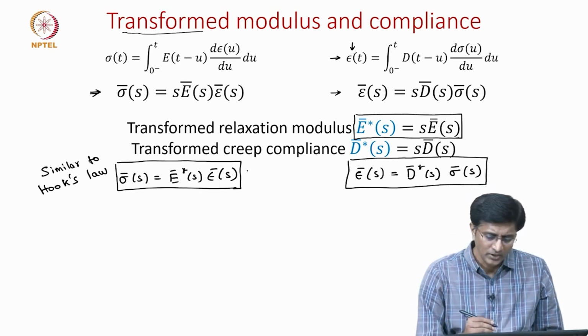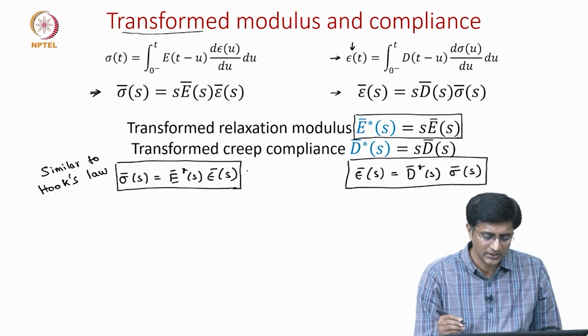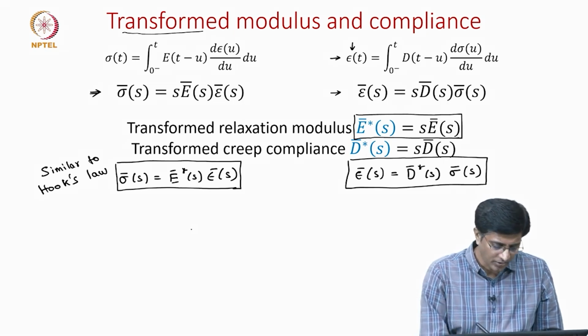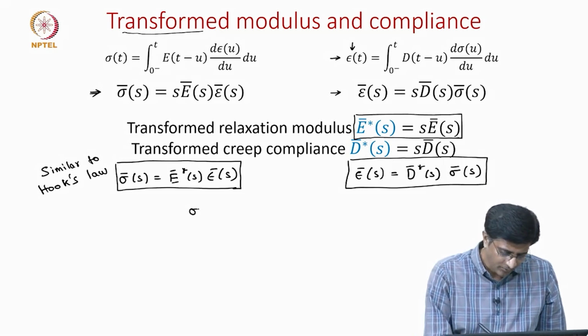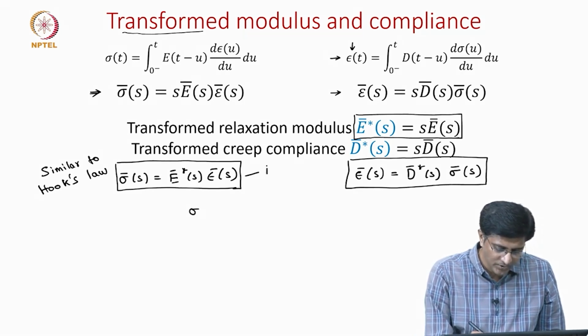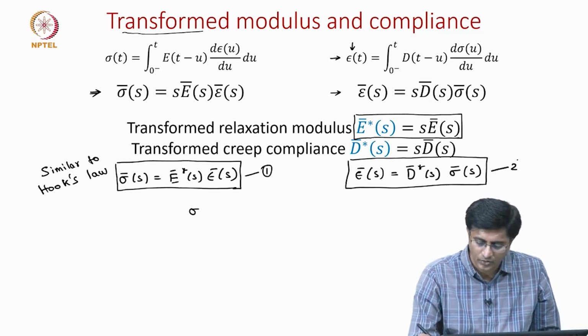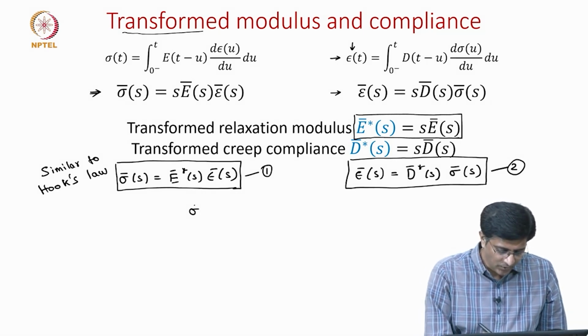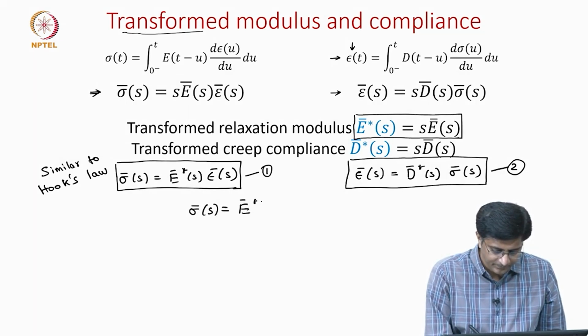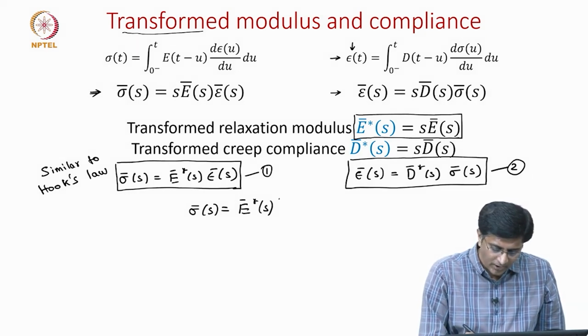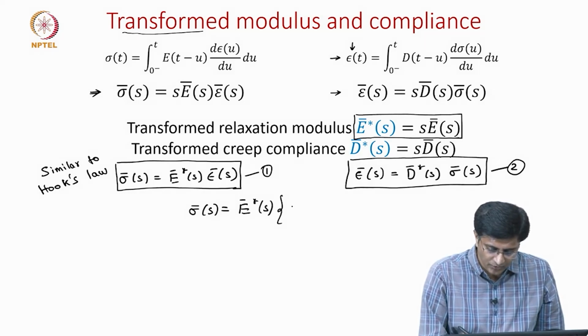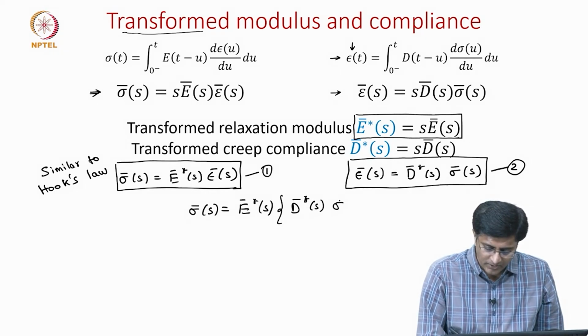Now let us see what is the relation between this E star and the D star. How can I find that? Let us name these equations 1 and 2. I can start with equation 1, and instead of writing epsilon of s, I will replace it with equation 2, which says it is D star times sigma.